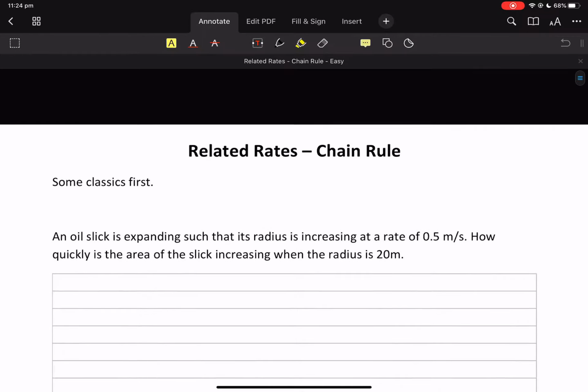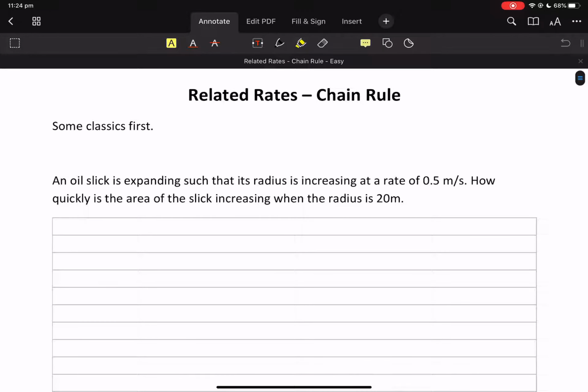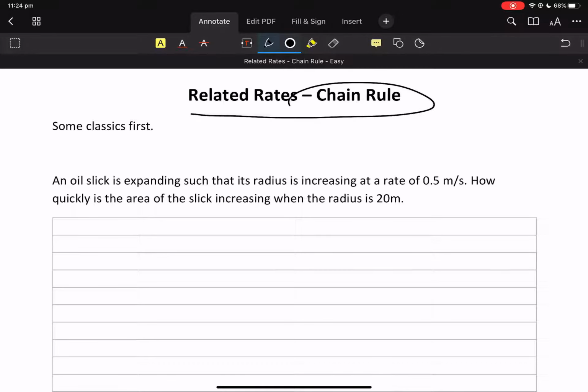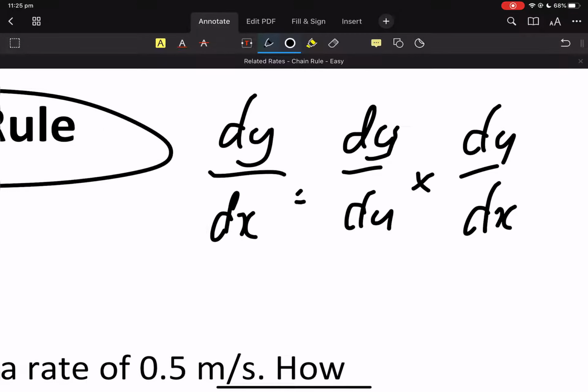There's no better way to start on these related rates than just to get into it. We're going to be playing with the chain rule. I don't know whether you've noticed, but there's two du's there that could sort of cancel.